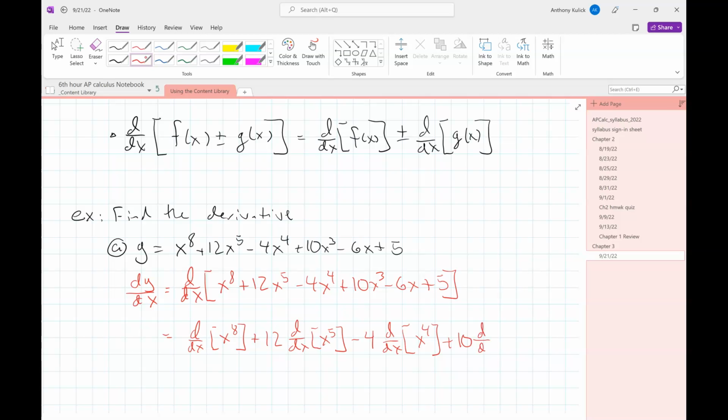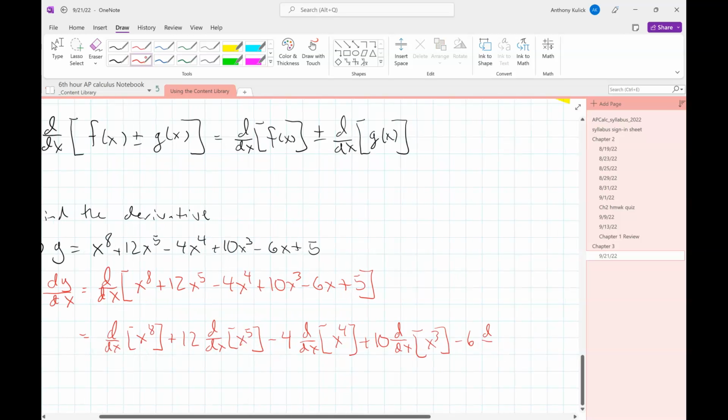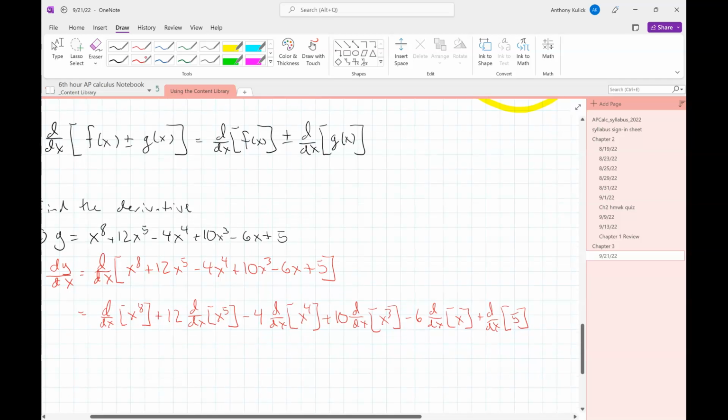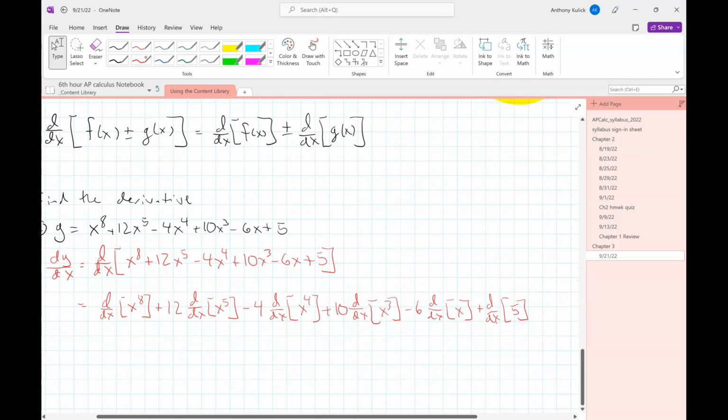Now, if you feel comfortable doing this all internally with mental math, that is okay at this stage. But just for the purposes of this example being in the notes, I'm going to show how I'm using those derivative theorems. Everybody's cool how I've taken the derivative of one big thing and written it as six little derivatives?